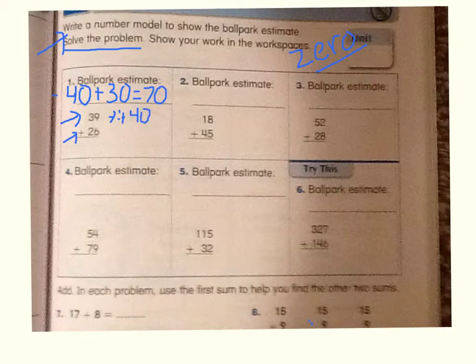And 26 plus 40 would be 66. But I added one, so I have to take that away, compensate, and adjust. And I come up with 65. And if we round off 65, yep, it's close to our ballpark estimate, 70.